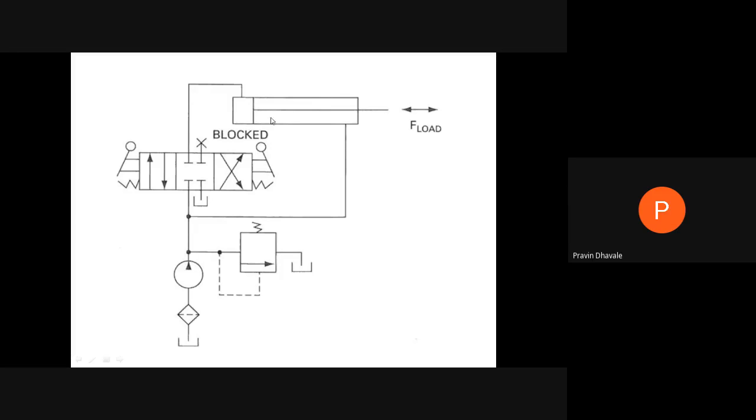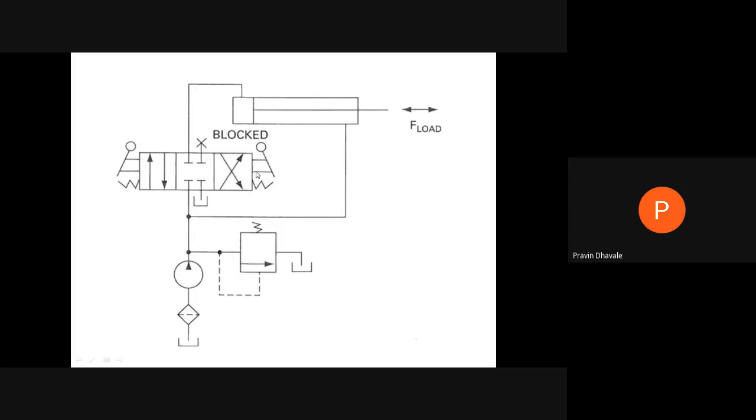Because of this movement, the fluid present on the rod end side of the piston passes through this line to port B and is added to the fluid coming from the pump. So surplus fluid is supplied at the piston head side. Because of that, the extension speed of the piston increases.